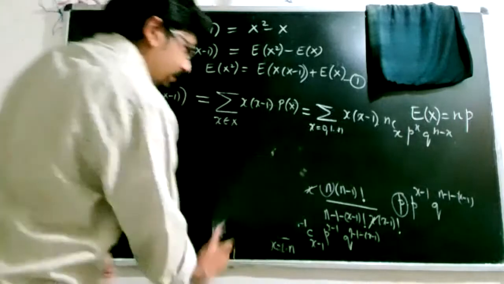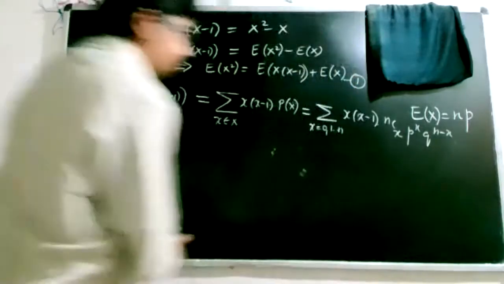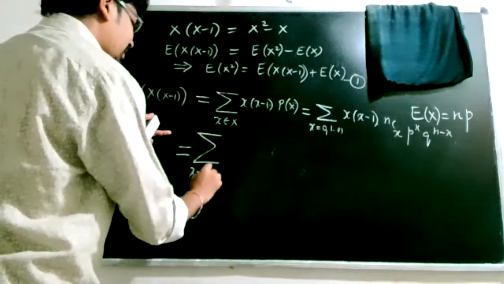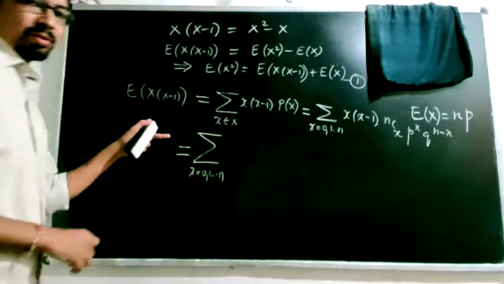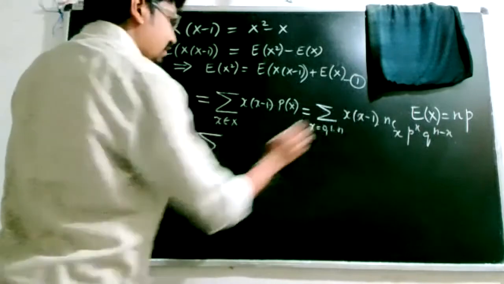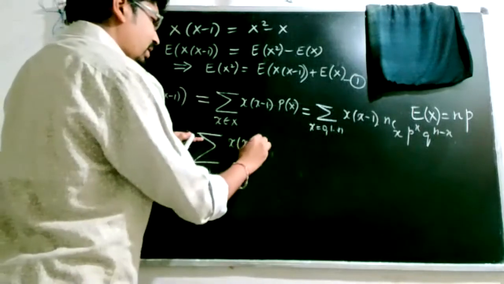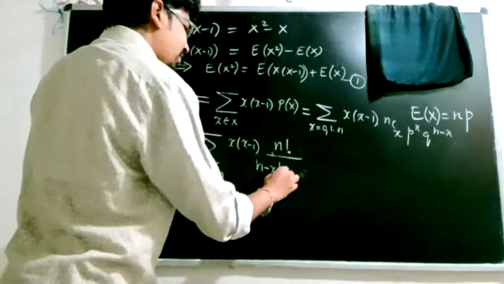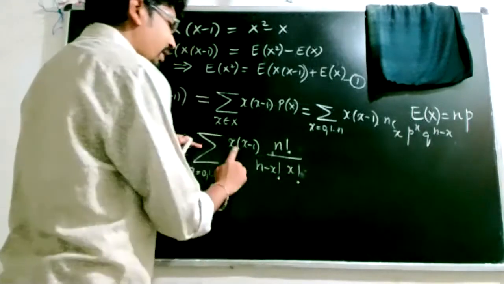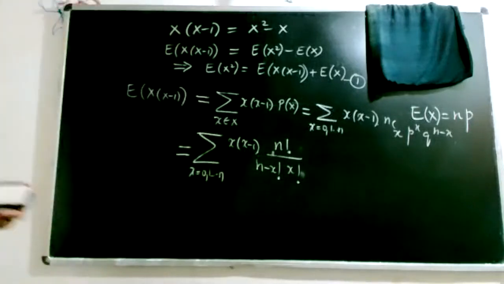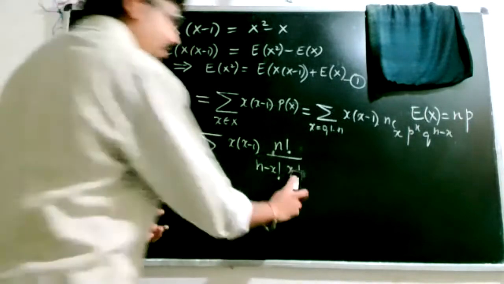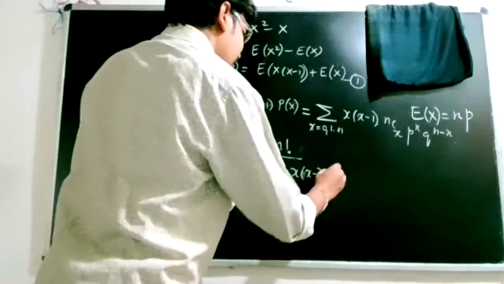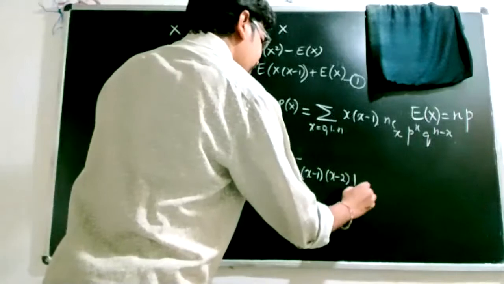Now again expand the factorials and cancel out x and x minus 1. So what we get here is summation x equals 0 to n, x into x minus 1. Now nCx can be written as n factorial over n minus x factorial and x factorial. Now I have to cancel x and x minus 1, so I'll expand this x factorial as x into x minus 1 into x minus 2 factorial.